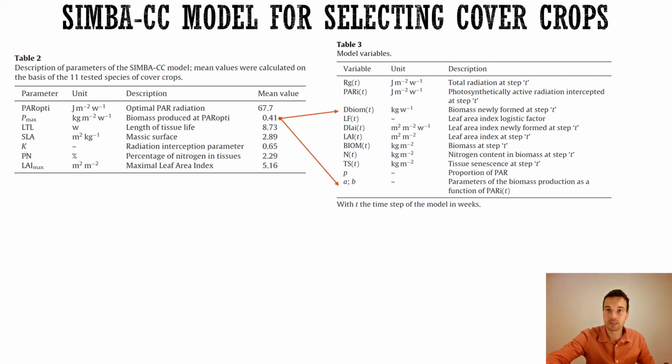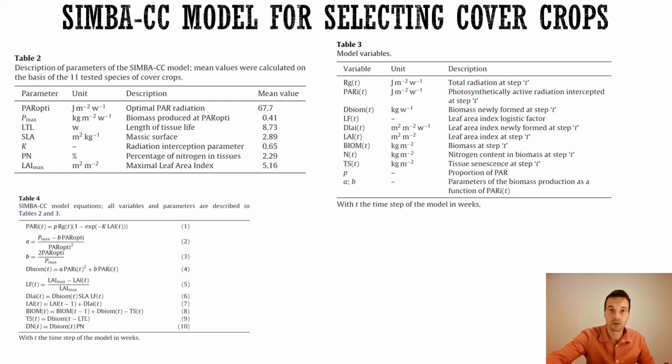Dynamic of biomass production by the cover crop with age and shading. Length of tissue life with gradual senescence. Leaf area per unit of biomass. Efficiency of light interception by a cover crop. Total leaf area and its change over time. And crop nitrogen demand represented as nitrogen content in the biomass.